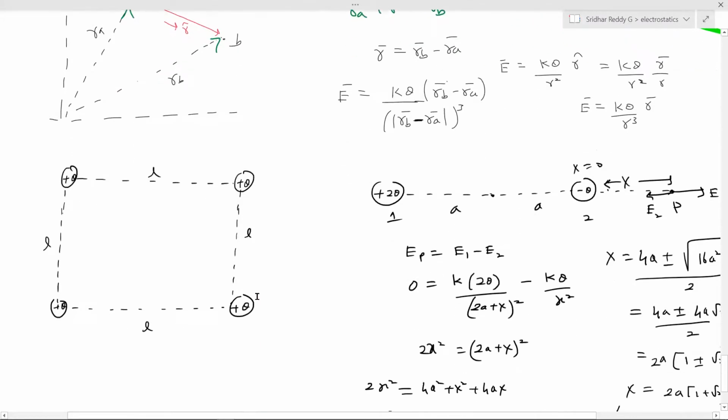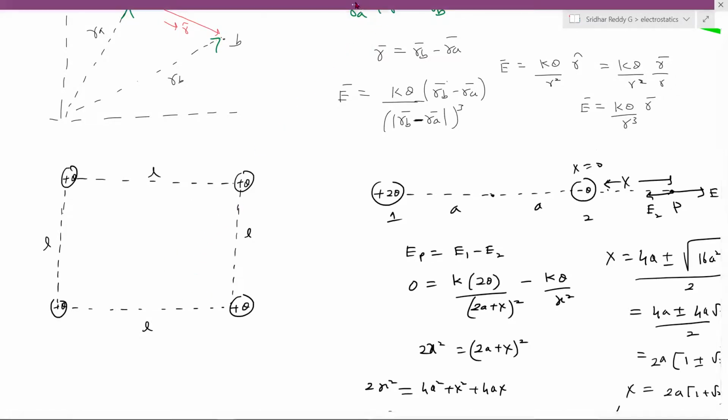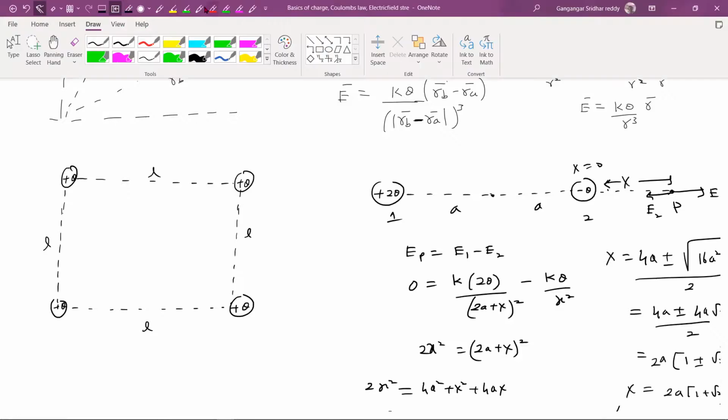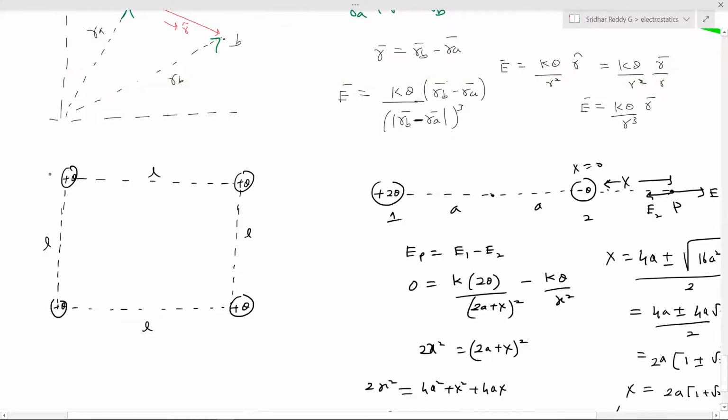If I have 4 point charges numbered like this, how to calculate the resultant force acting on them? They are kept at the corners of a square. So how to find out the resultant force acting on an individual point charge? Let this be 1, 2, 3, and 4.